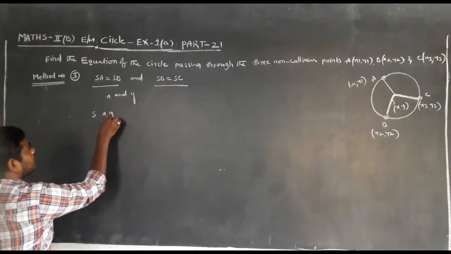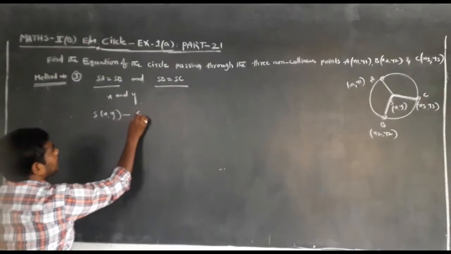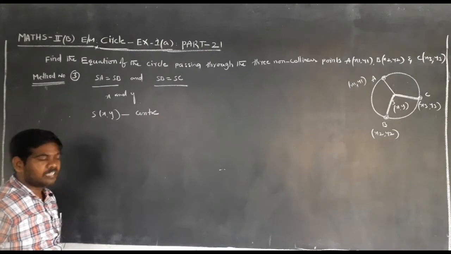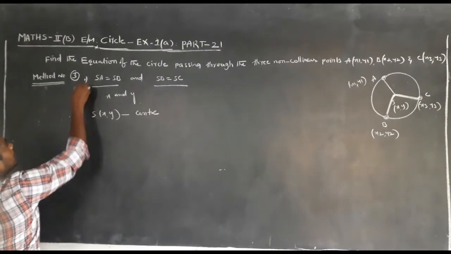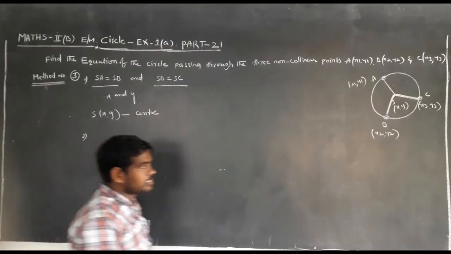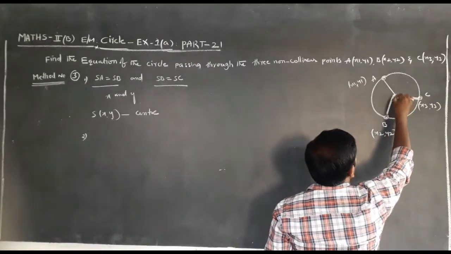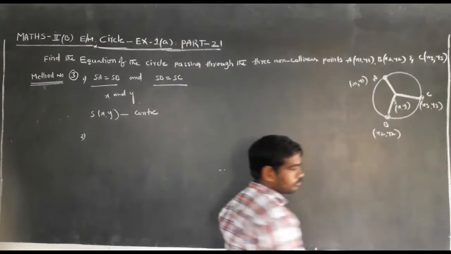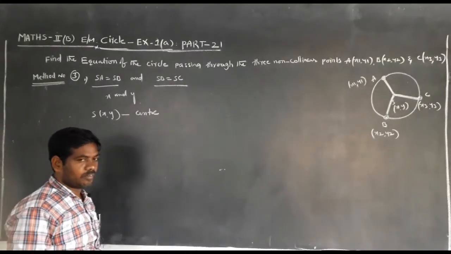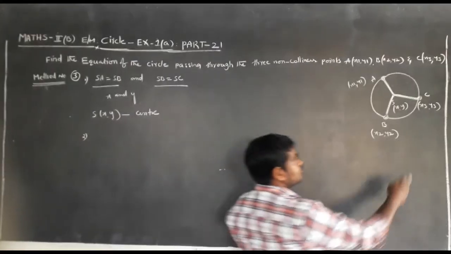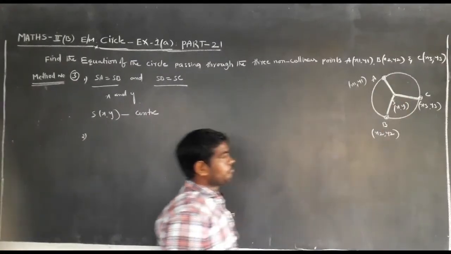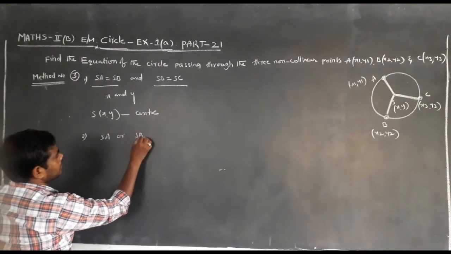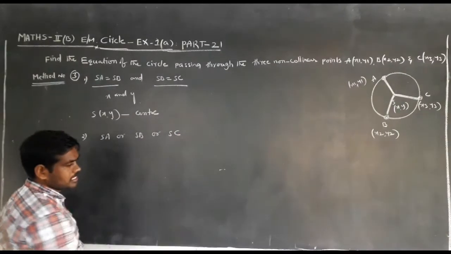Here S(x, y) is the center of the required circle. Again, we find the distance between the center and any one point: SA or SB or SC.